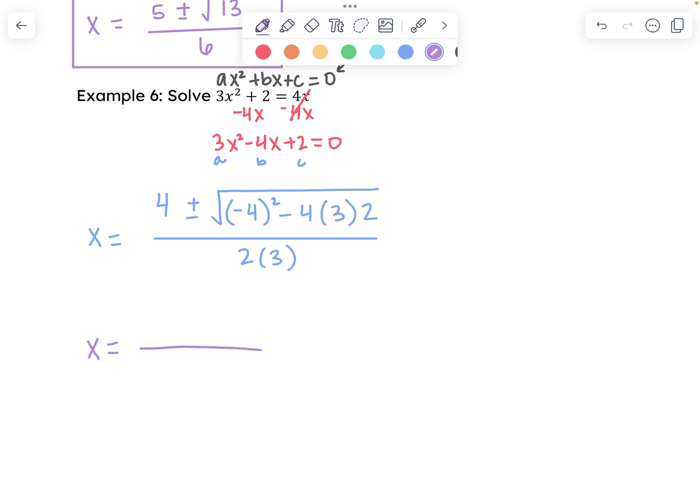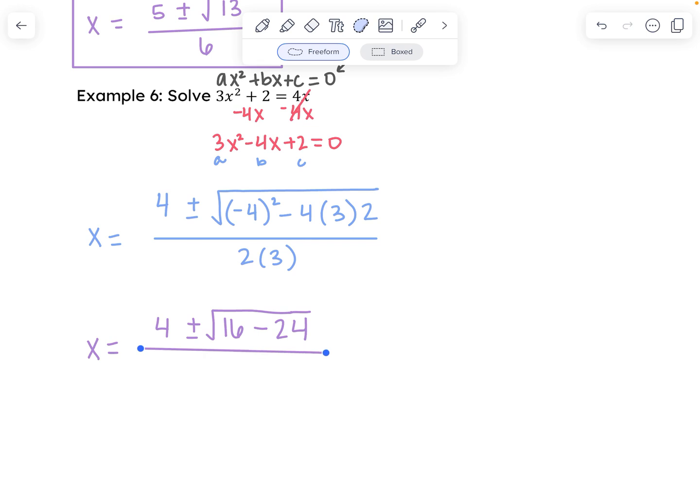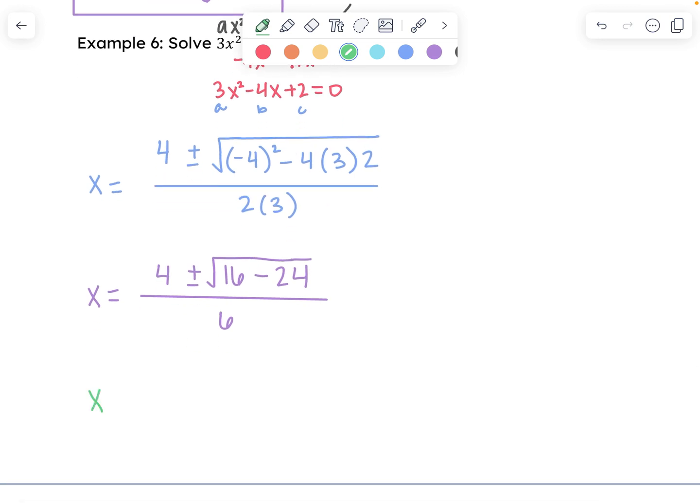X equals 4 plus or minus the square root of 16 minus 4 times 3 times 2, which is 24, all over 6. So x equals 4 plus or minus the square root of negative 8 over 6.